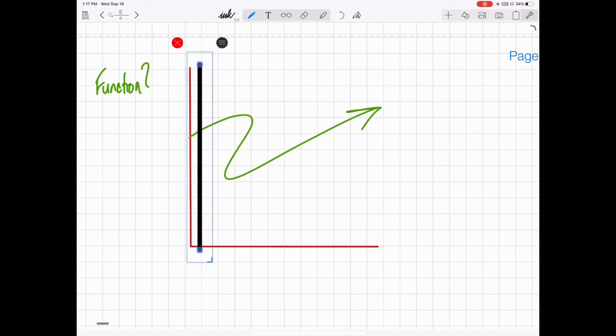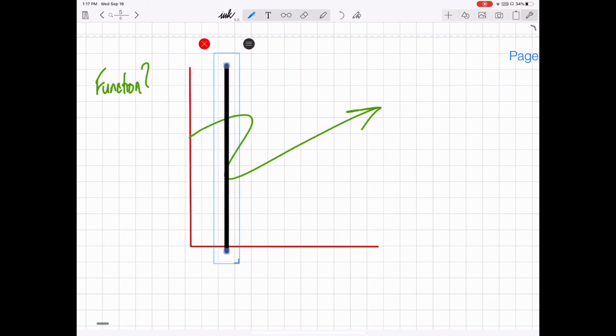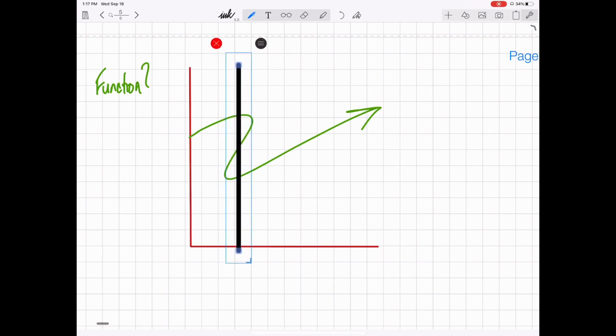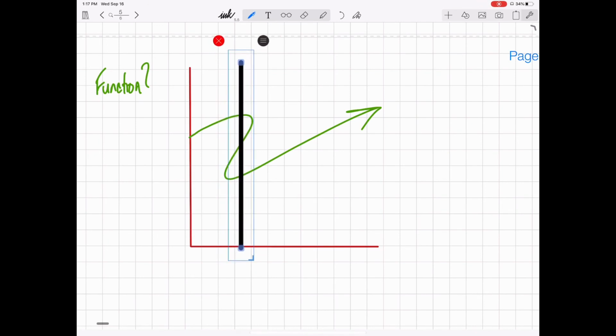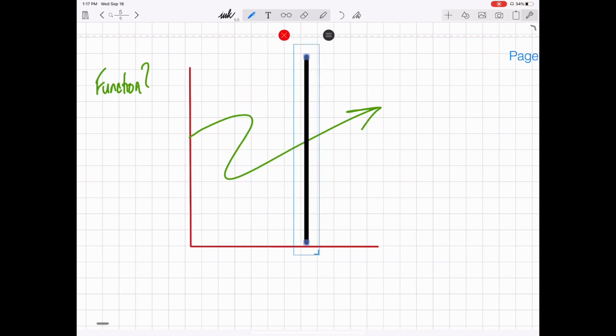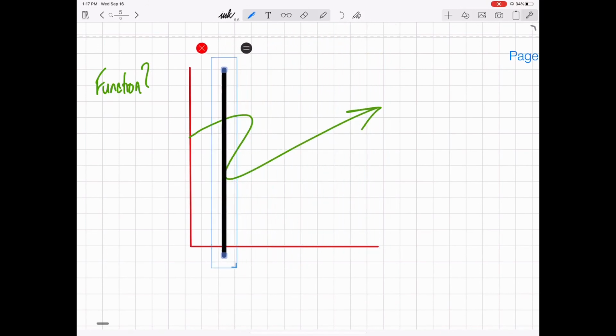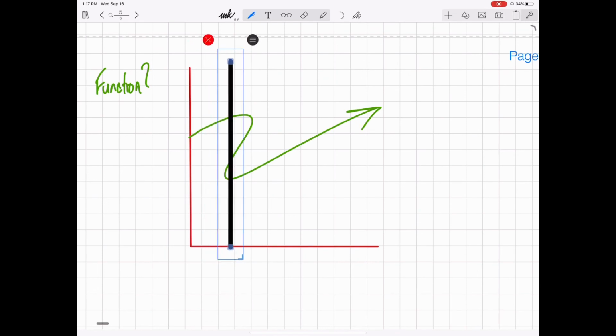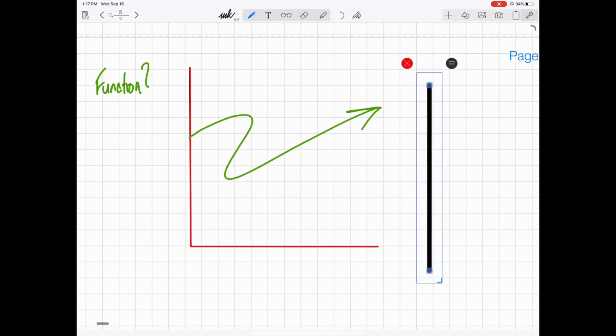So it's a function, function, function, function, until we get to here. So it's just like the last one. This fails in this region, and then we can drag it out here, and that's fine. But it doesn't matter if it's fine everywhere else. This would not be a function based on that. This fails the vertical line test.